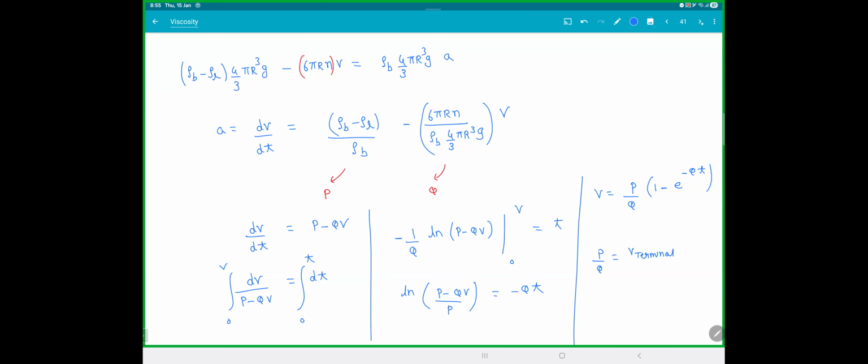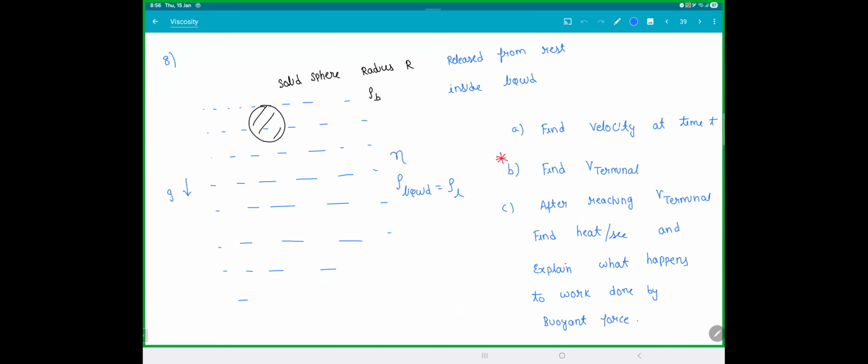Have a look at the integration. The variables look big, but it is the same integration which we did for the Planck one. Clear with this? So these are the first two parts: velocity as a function of time t, and v terminal.